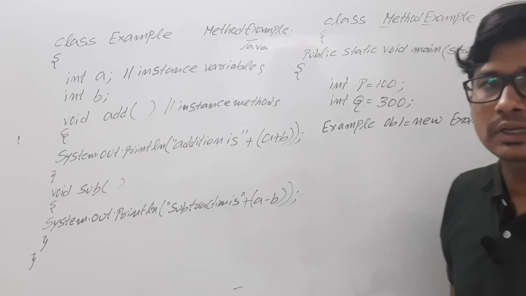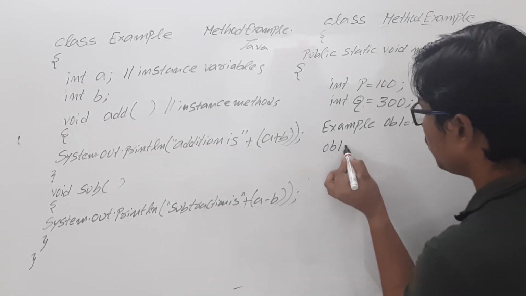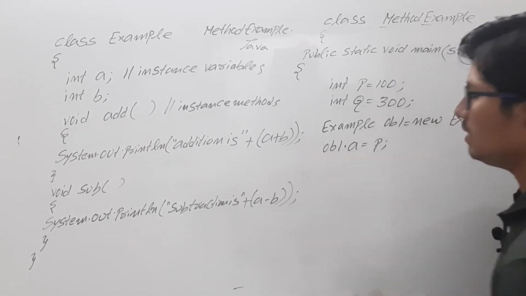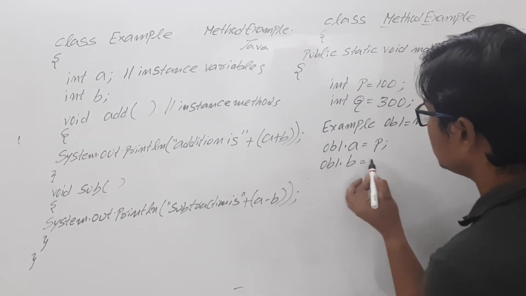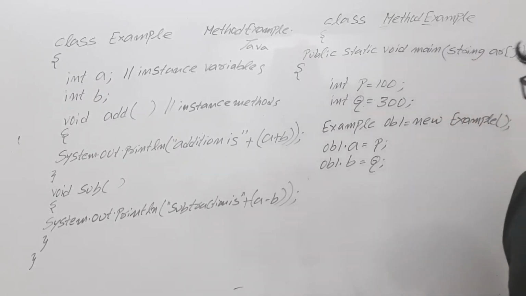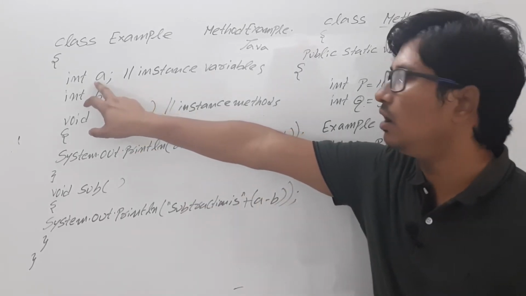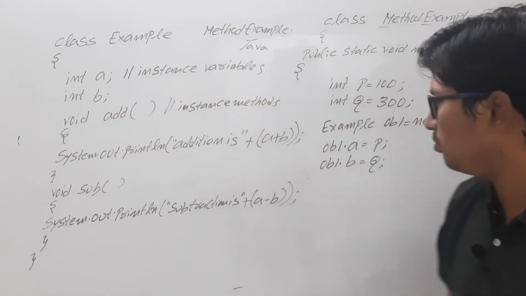Then I will write ob1.a is equal to p, ob1.b is equal to q. So what I am doing, with the help of the object ob1, I am accessing the instance variables such as a and b for the class Example, and I am assigning the values p and q.